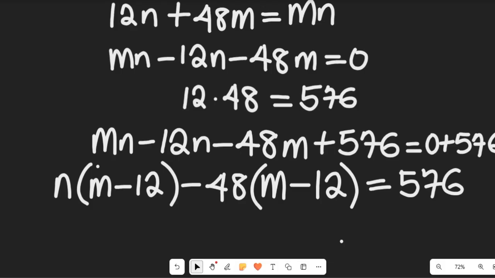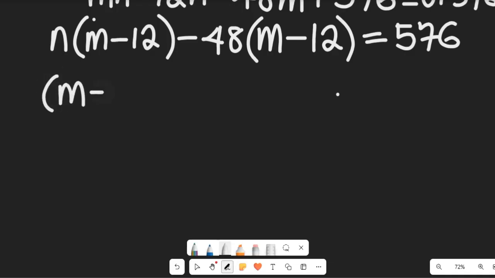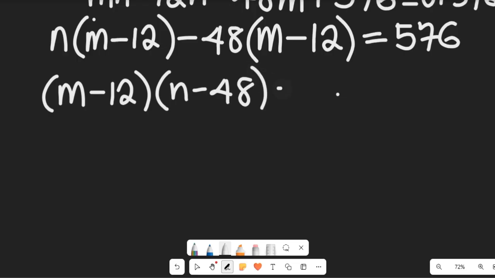Great. Now from this expression, if I simplify further, you see that I will have two values, m minus 12 multiplying n minus 48, and all of these will be equal to 576.